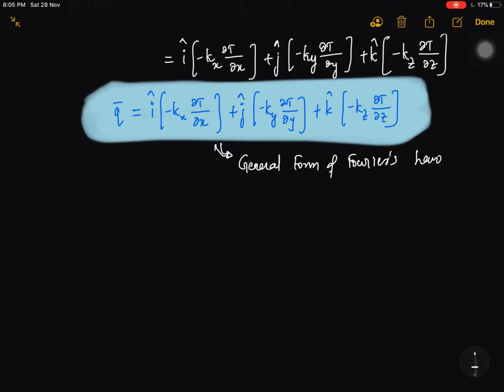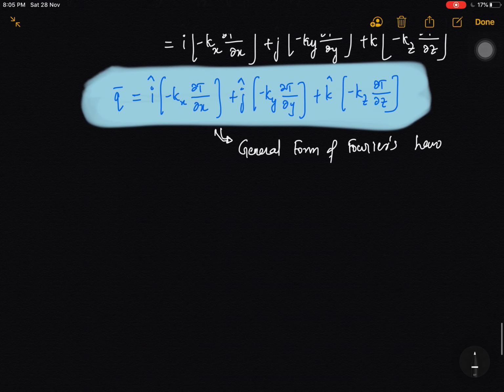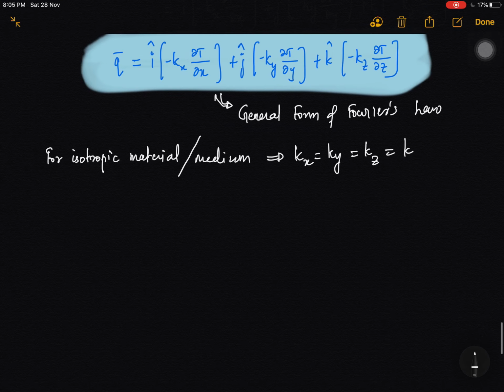Suppose we are having a medium or material which is isotropic in nature. That is, for isotropic material or medium, what happens here is that the thermal conductivity in x direction will be equal to thermal conductivity in the y direction will be equal to thermal conductivity in the z direction, which is represented as letter k.